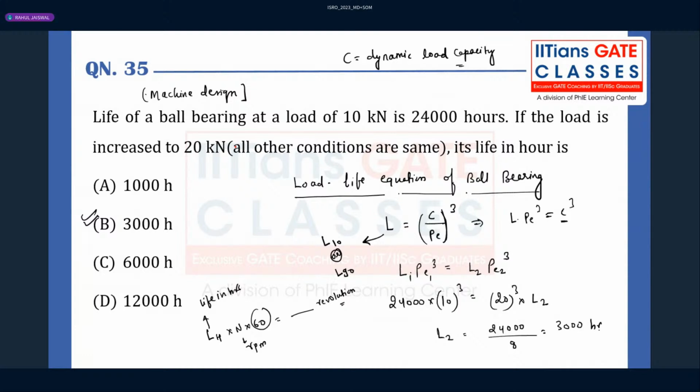We don't define L50 life. From this equation, whatever L we get, that is L10. So make a note of it.